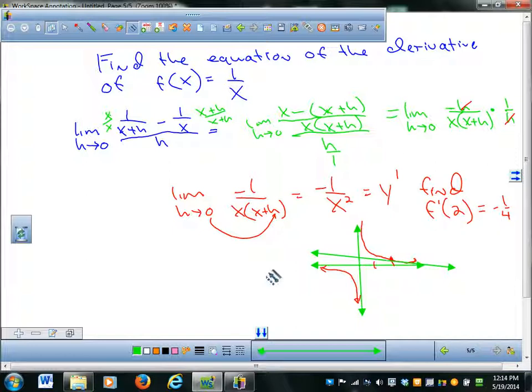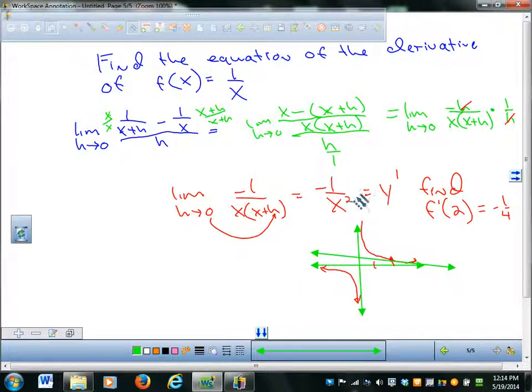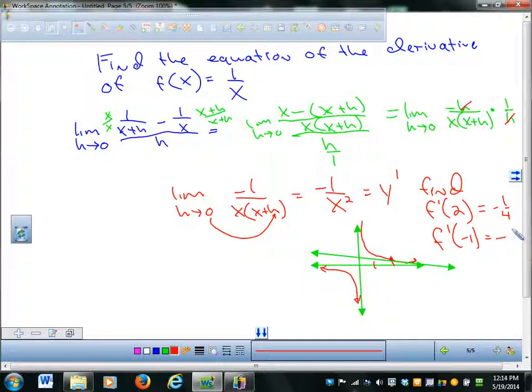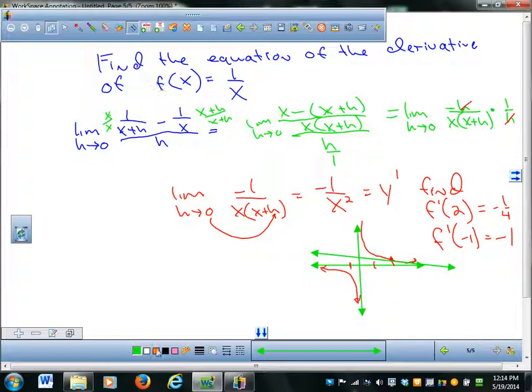What would I expect to get at f prime of negative 1? I get negative 1 divided by negative 1 squared, which would be negative 1. Which means that when x is negative 1, the slope of my curve is going to be negative 1.